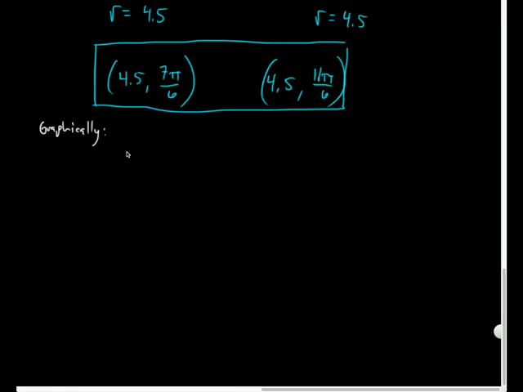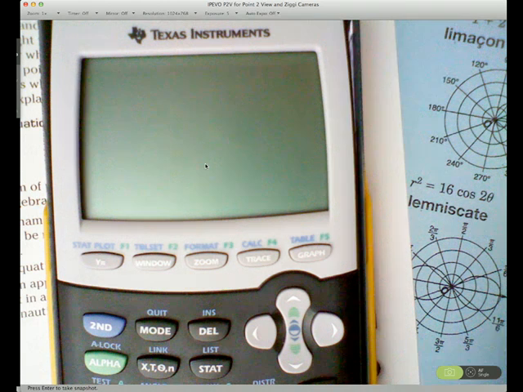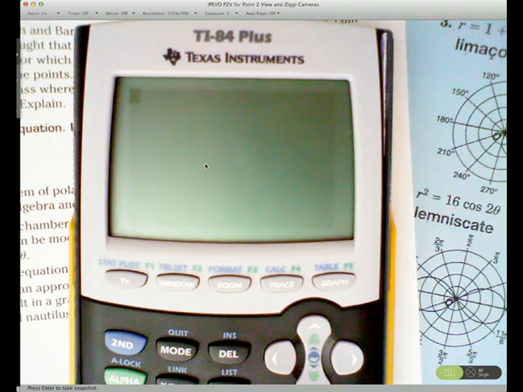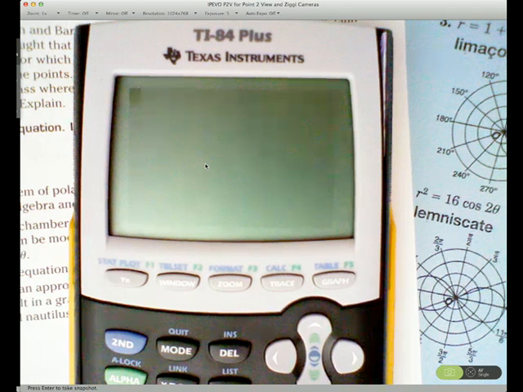So when I'm solving graphically, if I'm using a graphing calculator or Geometry Sketchpad, I'm going to have to somehow trace my values in order to do that correctly. So let me pull up my graphing calculator here first. All right, so you guys can see that.